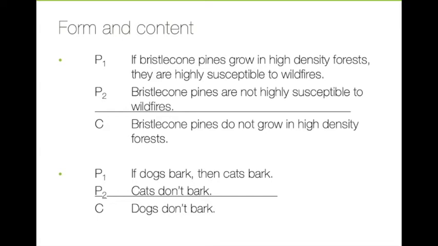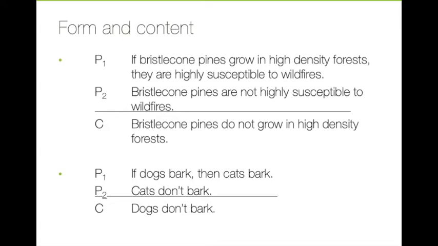Premise 2, bristlecone pines are not highly susceptible to wildfires. Conclusion, bristlecone pines do not grow in high-density forests. And the second one goes, Premise 1, if dogs bark, then cats bark. Cats don't bark. Conclude, dogs don't bark.